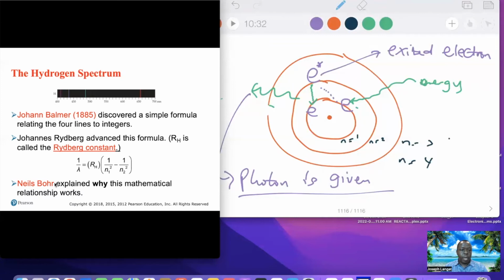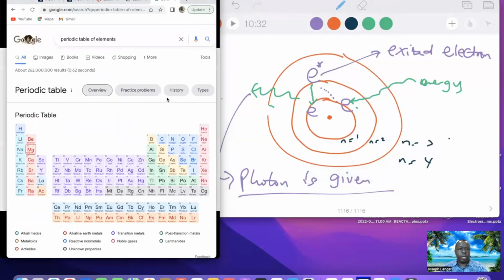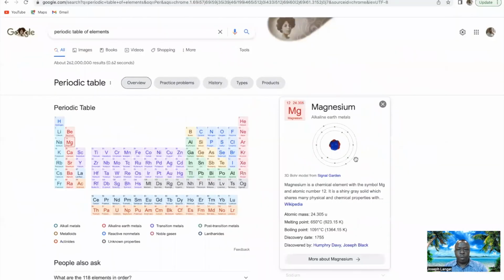Now, Bohr explained why we see this line. It has to do with the electron dropping. Remember, this is Bohr's model of an atom, that electrons move around the nucleus. Let's see, electrons moving around the nucleus. Let's see hydrogen.